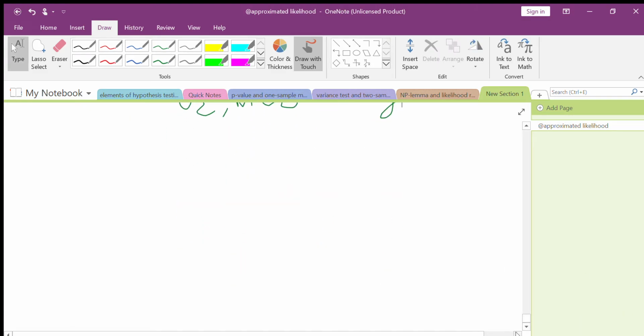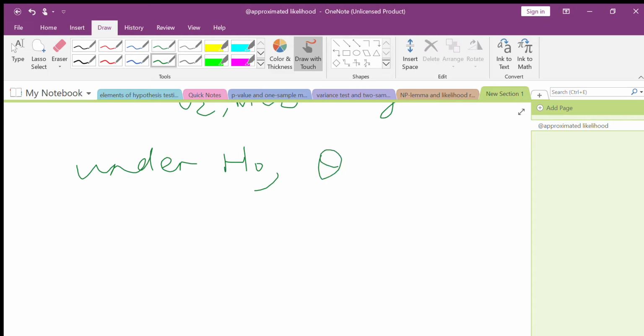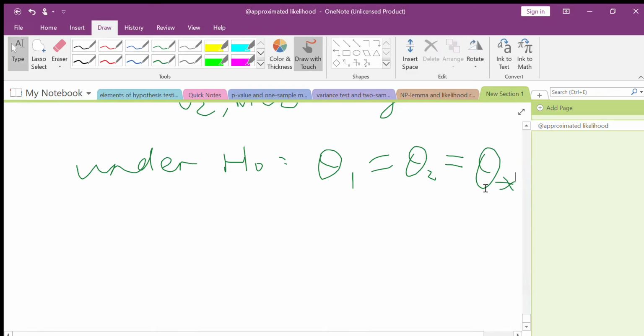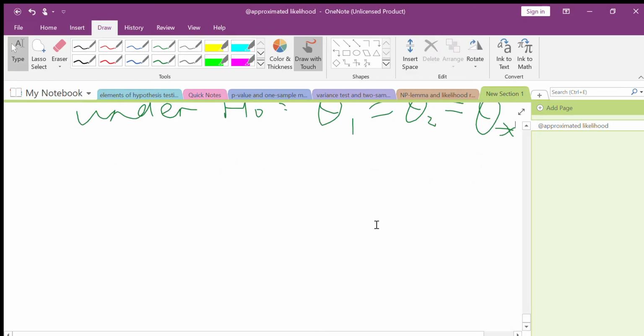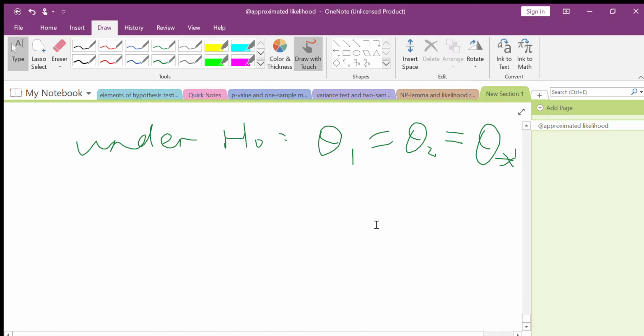This is for the global parameter space. But for H null, H null is theta 1 equal to theta 2. Let's write it as theta star. How to find the MLE for the null parameter space? Here there is only one parameter.